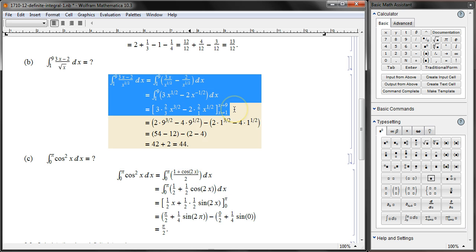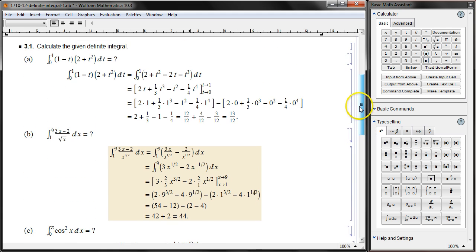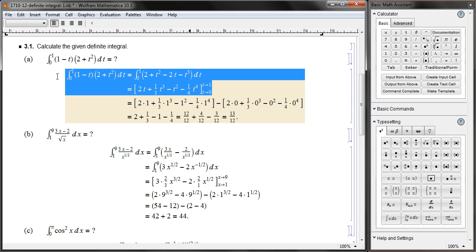Same thing over here, up to the third line, it's the same as the indefinite integral computation. Plug in 9, plug in 1, subtract one from the other, and then you can use a calculator. Here I didn't have a calculator with me, so I just used mental math, but you don't have to. The same thing goes on here. Up to this point, it's just the same as the antiderivative computation. Plug in the top, plug in the bottom, subtract one from the other.